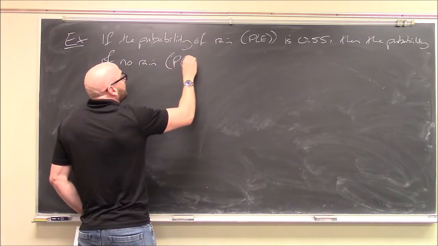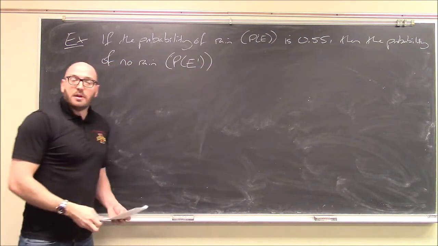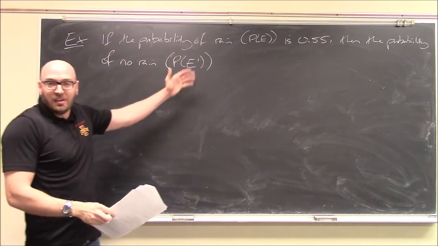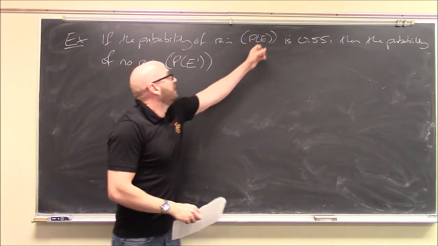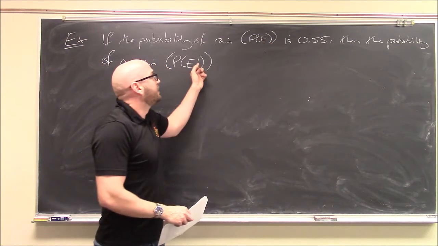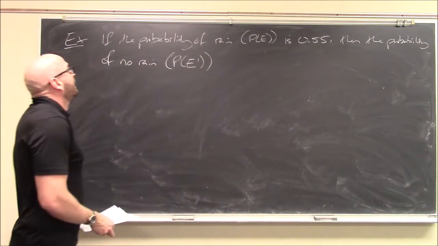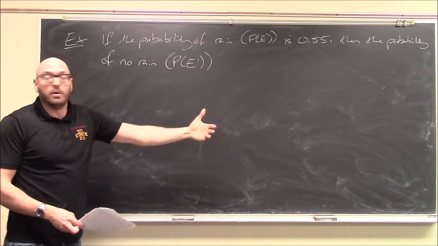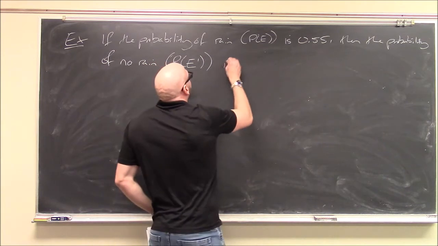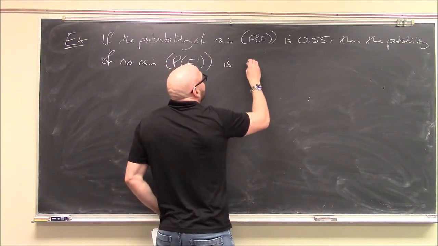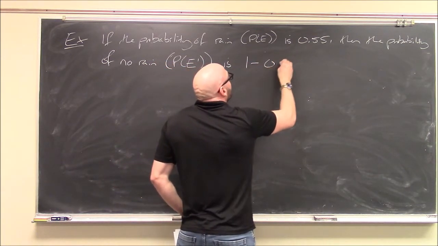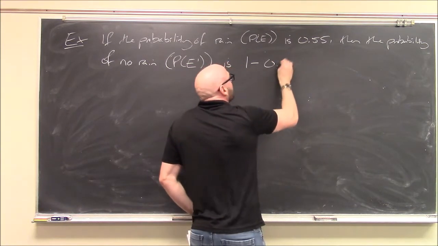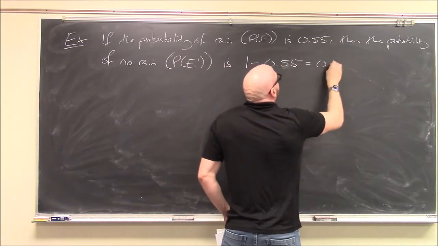This is the probability of E complement. Sometimes you'll read this as not E, because it's the exact opposite. E complement is not E, if you want. And so if the probability of getting rain is 0.55, then the probability of no rain is of course going to be 0.45, but formally it would be 1 minus 0.55 using our formula. So this is 0.45.